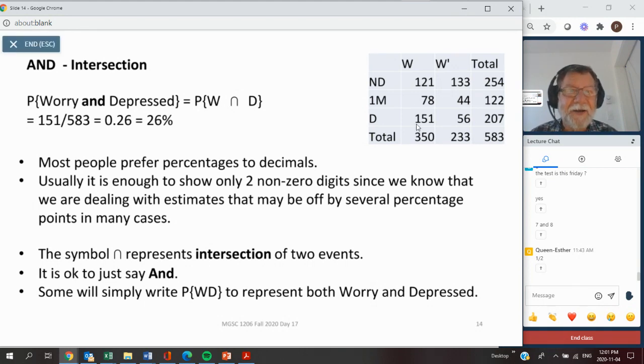So this column intersecting with that row, there's 151 students. Out of all the students I'm picking from, that's out of 583. So 26% of the students in the survey were both worried students and depressed students. They had both of those characteristics.